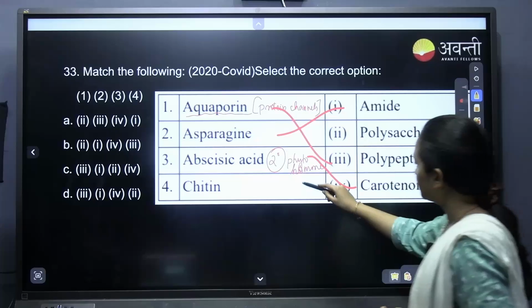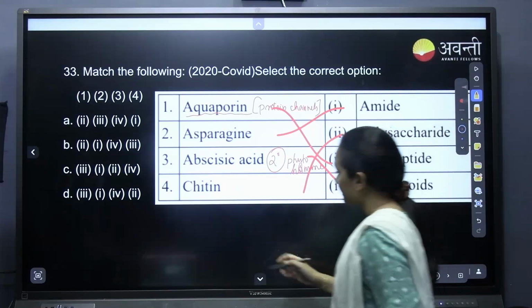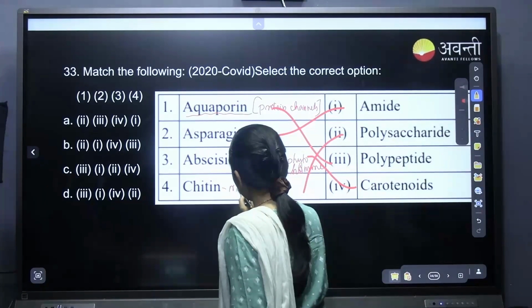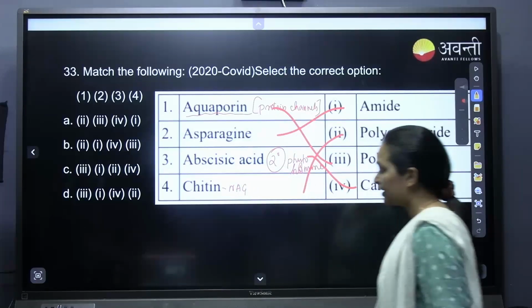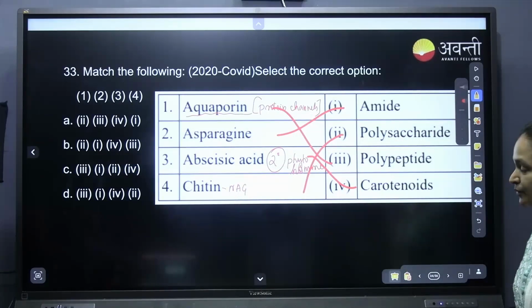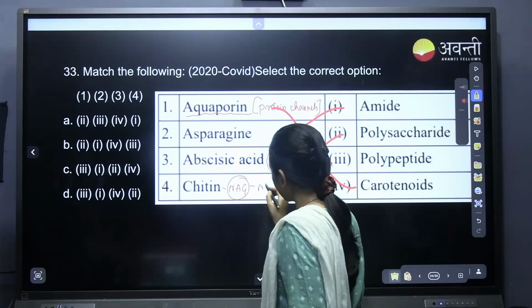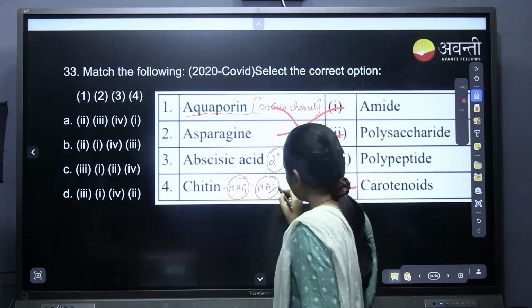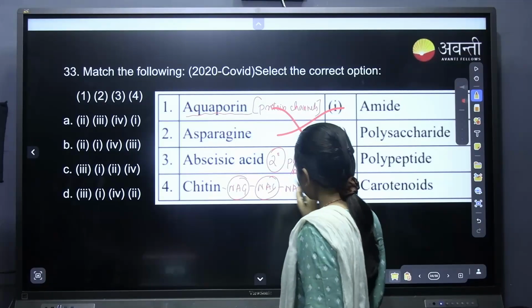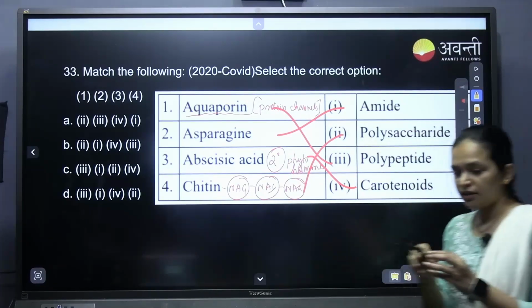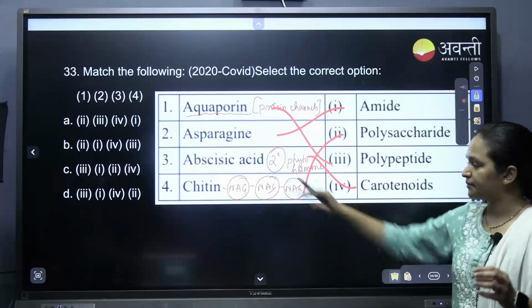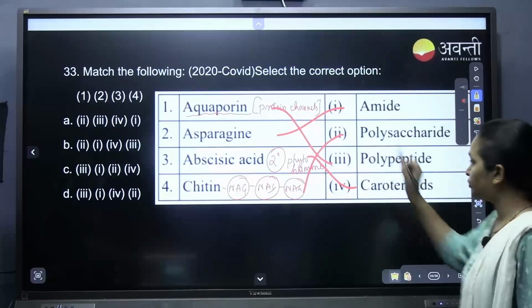Chitin is a polysaccharide. What is it made up of? It is made up of NAG, N-acetyl glucosamine. This is one unit of NAG. NAG is again connected to another NAG, like that. It's a polymer like that. That is chitin.